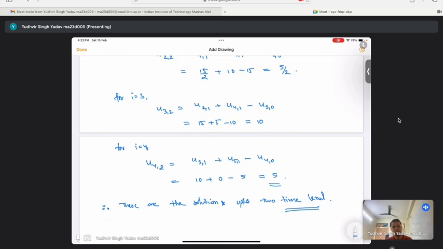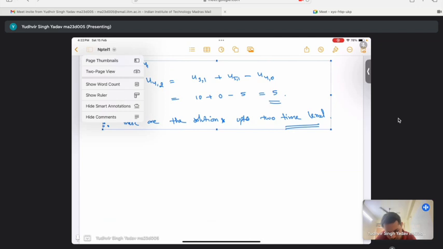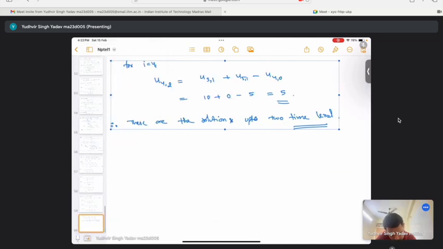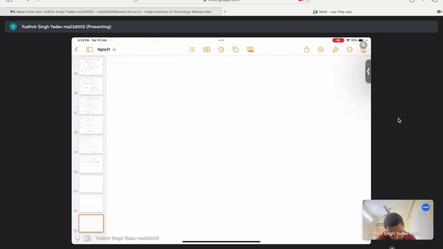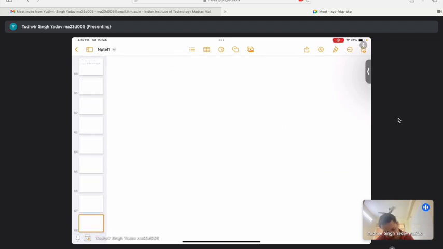One can proceed in a similar way to obtain the values for higher time steps. So this is what we have discussed about solving the hyperbolic partial differential equations using the finite difference approach.